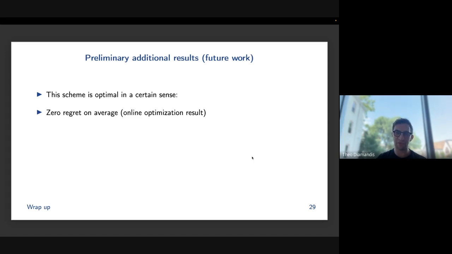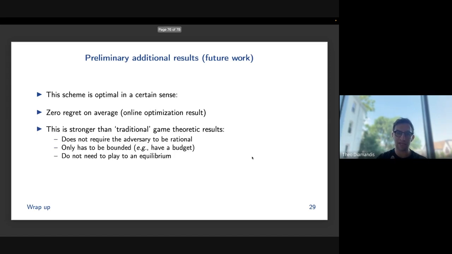So in some ways, this adaptive framework is always going to be better than having these fixed relative prices. And this is somewhat stronger than some of the traditional game theoretic results, in that we don't require the adversary that's trying to screw with the pricing mechanism to be rational. We only require them to have a bounded budget, and you also don't need to do anything like playing to an equilibrium.